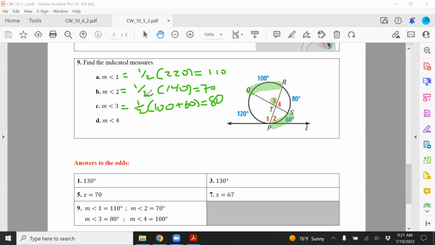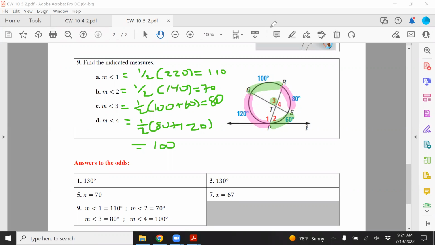Angle 4 is the same kind of situation as angle 3, but two different arcs. It's half of 80 plus 20. 80 plus 120, sorry. So you get 100. Okay.